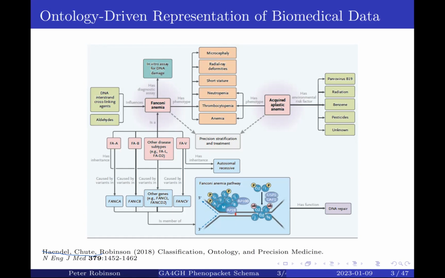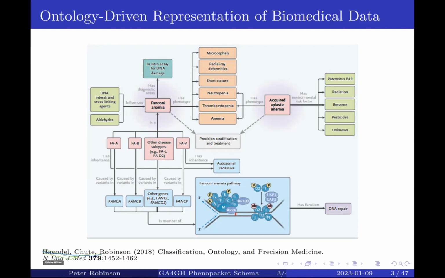Fanconi anemia is a clinical diagnosis that corresponds to about 22 genetic subtypes. So those are denoted by ontology terms. They're caused by variants in specific genes, which can be represented in ontologies. And these genes are members of a pathway that can be described by several tens of gene ontology function terms.